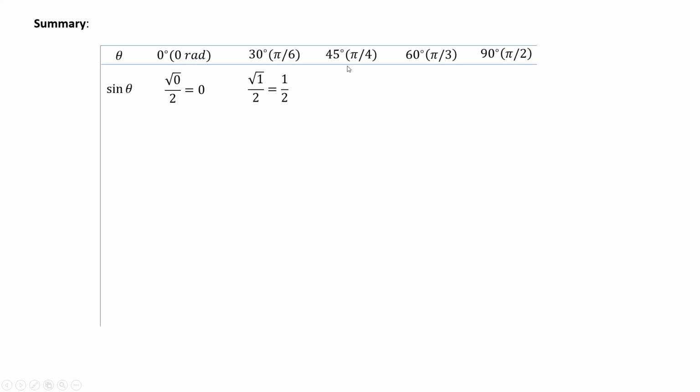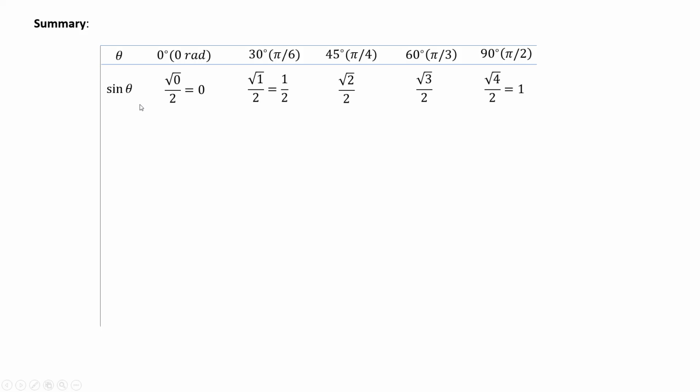Sine of 45 degrees, square root of 2 over 2. Sine of 60 degrees, square root of 3 over 2. Sine of 90 degrees was 1, but I'm going to write that as square root of 4 over 2. Is that right? Yeah, square root of 4 is 2, and 2 over 2 is 1.